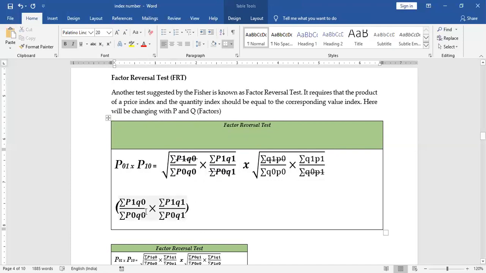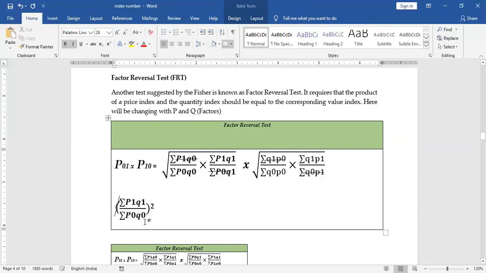So we have been left with 2. Try to understand now. We are left with P1 Q1, and next is P0 Q0. How many times have we left out? Twice, so it is a square.